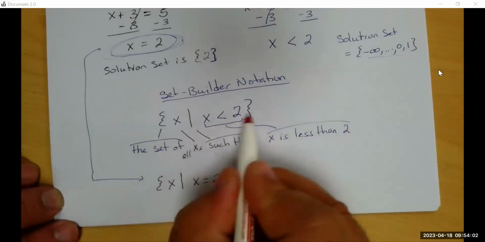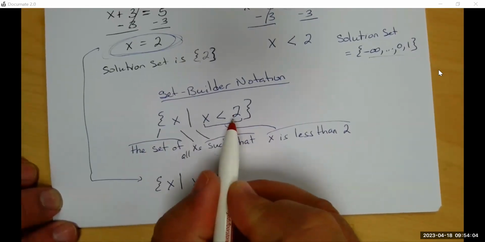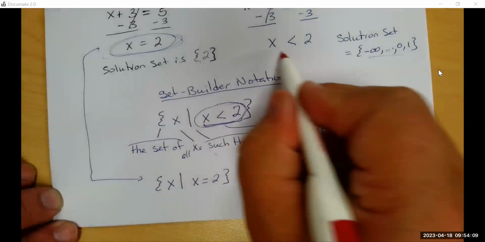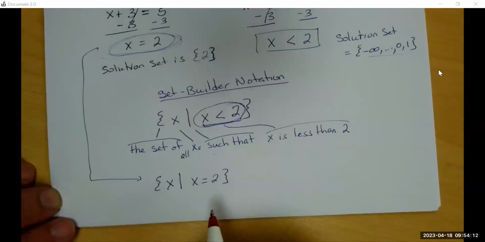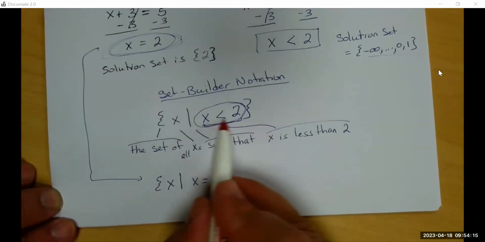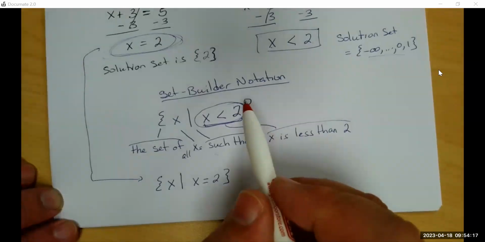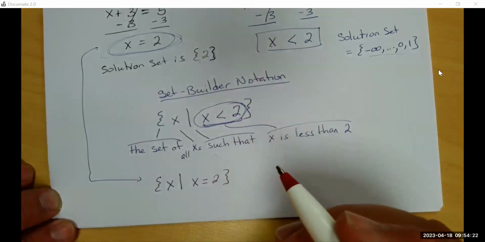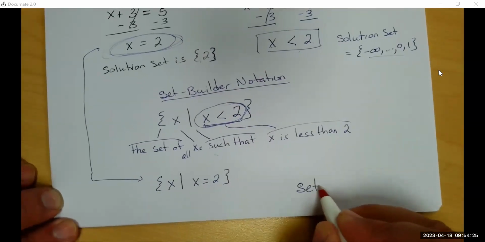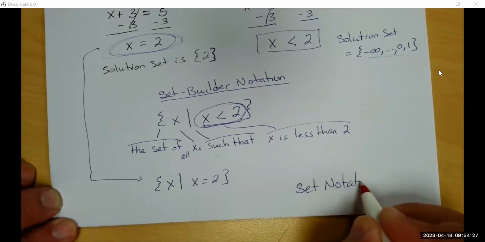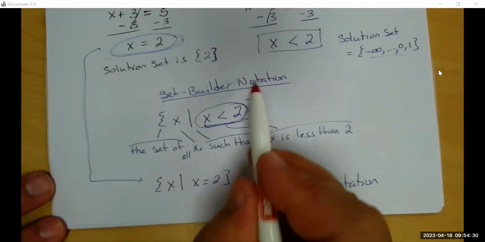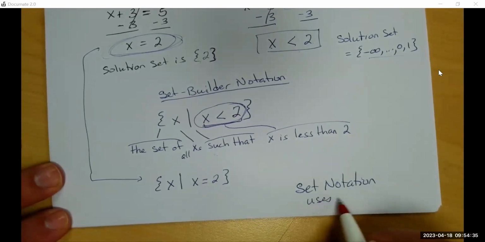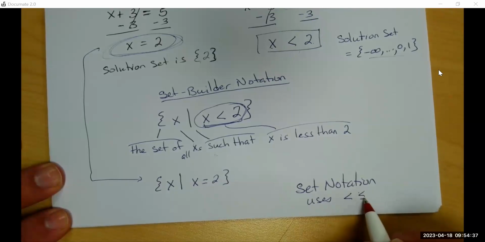And this becomes a lot of stuff to write. So that's the reason we just break down and write the conditional part. We just write this part nowadays. We don't do this whole thing here. We just put, okay, what is x? X is less than 2. So we call this set notation. It means set builder notation. So set notation uses the inequality symbols.